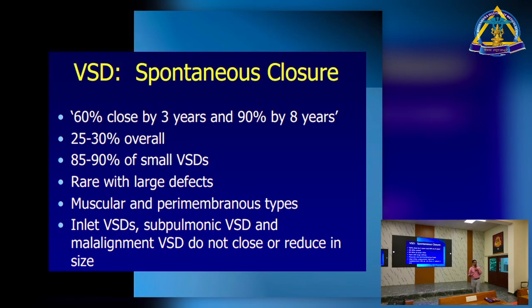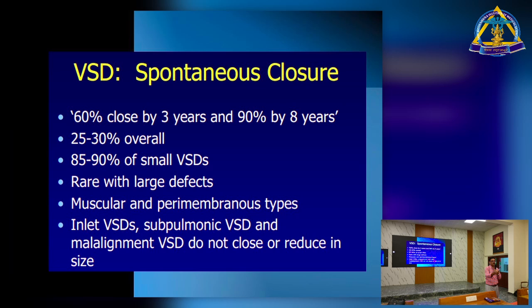So then the question that they will be asking, what is the chance of closure? How are we going to predict? See, 80 to 90% of the small VSDs will close naturally, and 60 to 80% will occur within the first 3 years. So you diagnose a small VSD, you will reassure the parents that within 3 years it can close. Or go to 8 years, 90% can close.